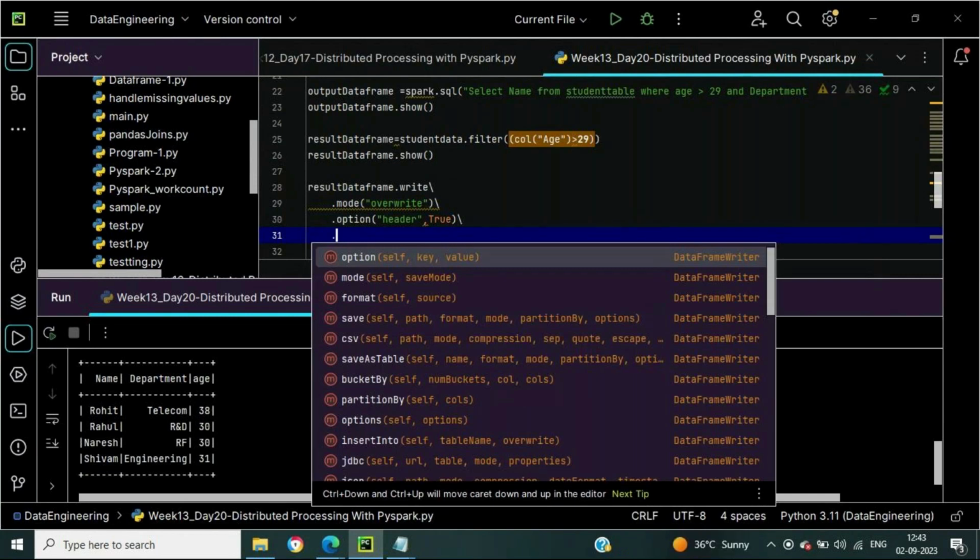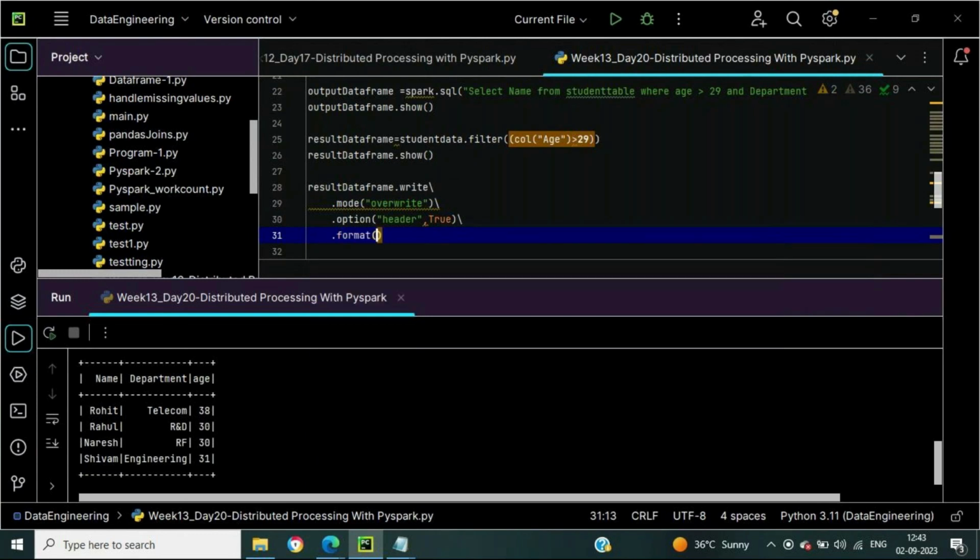Read mode, sorry. Overwrite, append, ignore, and error.